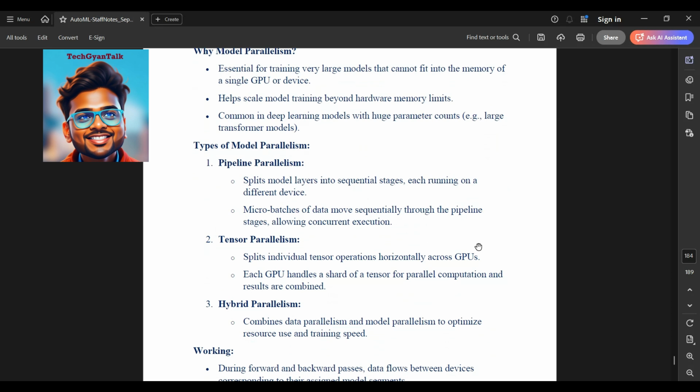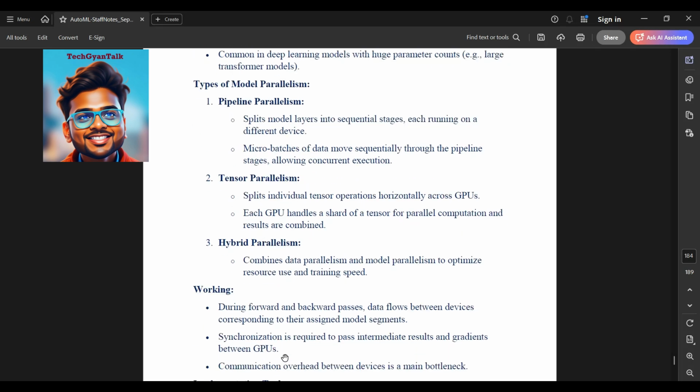What is pipeline parallelism? It splits model layers into sequential stages, each running on a different device, and micro batches of data move sequentially through the pipeline stages, allowing concurrent execution. Tensor parallelism splits individual tensor operations across GPUs. Each GPU handles a shard of the tensor for parallel computation and results are combined.